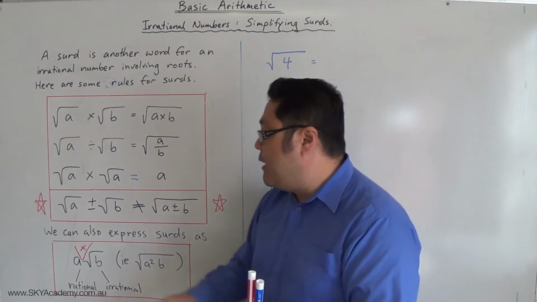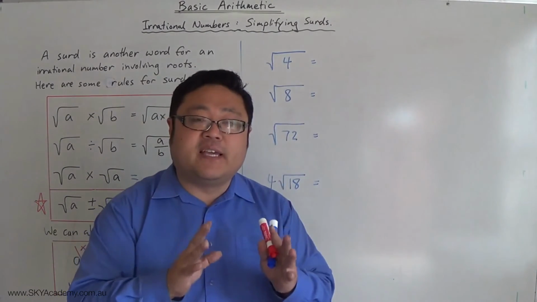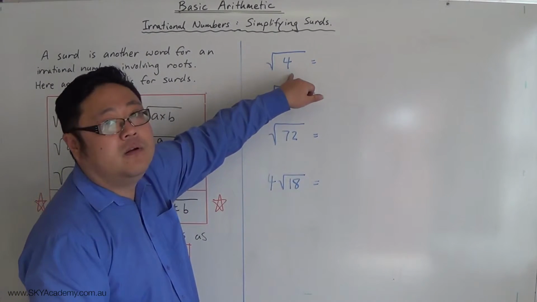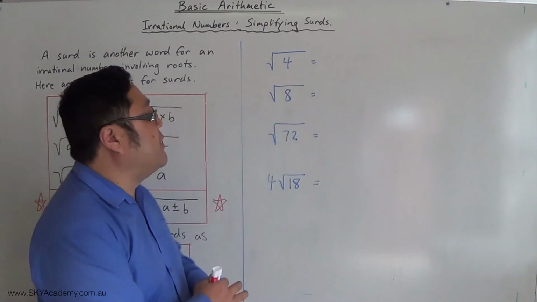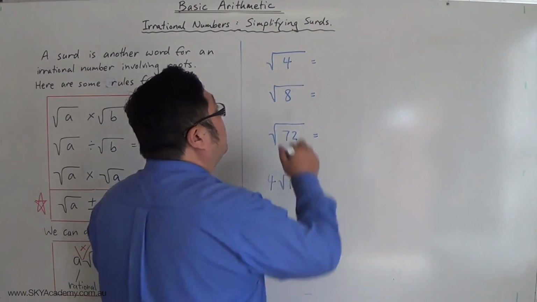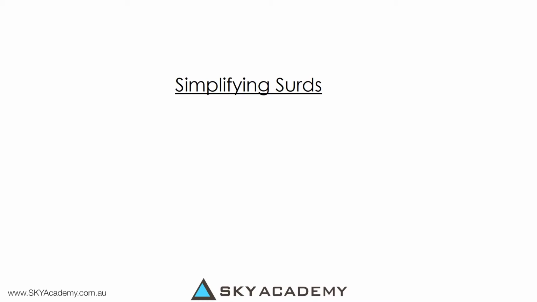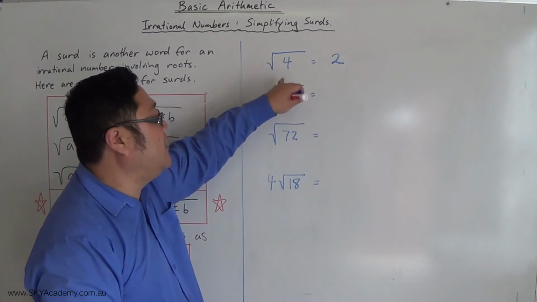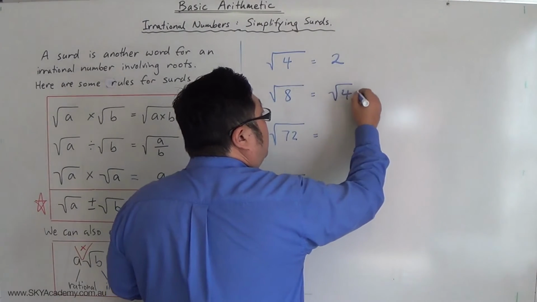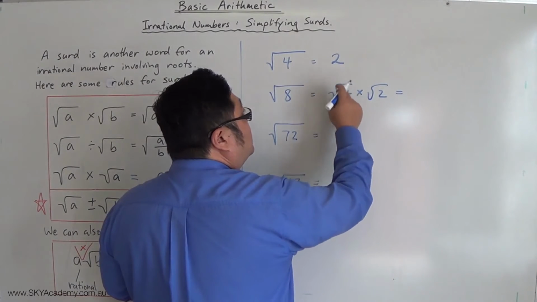Now, why is that important? Because there is a principle known as simplifying surds down. The square root of 4 is better off expressed as 2. What's the square root of 4? It is 2, so it is better off expressed as 2 rather than the square root of 4. The square root of 8 is equal to the square root of 4 times the square root of 2, and the square root of 4 is 2.